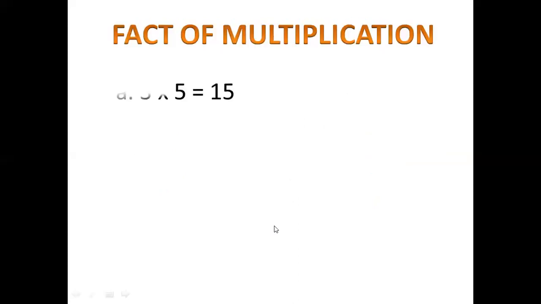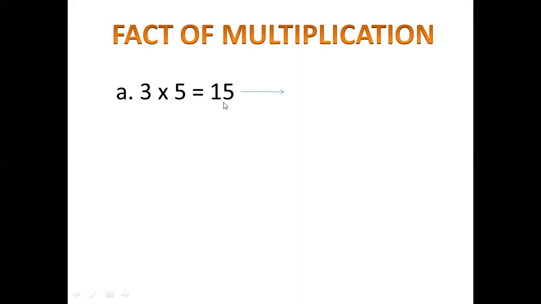Now, there are some facts of multiplication you must know. Now, see. 3 times 5 is equal to 15. Okay, this we know already that 3 times 5 is equal to 15. Now, what is one fact in this?